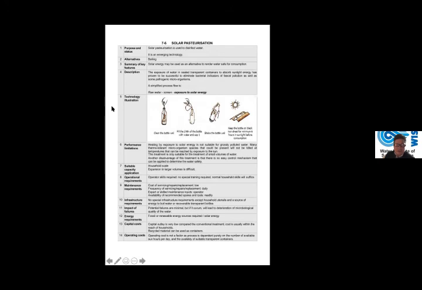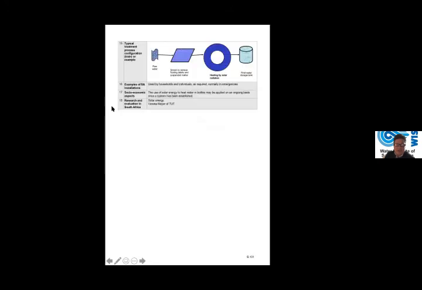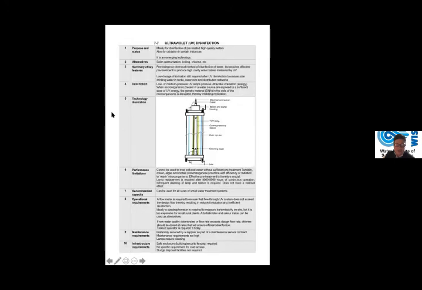So not the best and most advisable options, but they are used in certain areas, in developing areas. UV disinfection, often used. Problem with UV, you don't get a residual, so you don't get a long-lasting effect of your disinfectant, and you can get regrowth again afterwards.